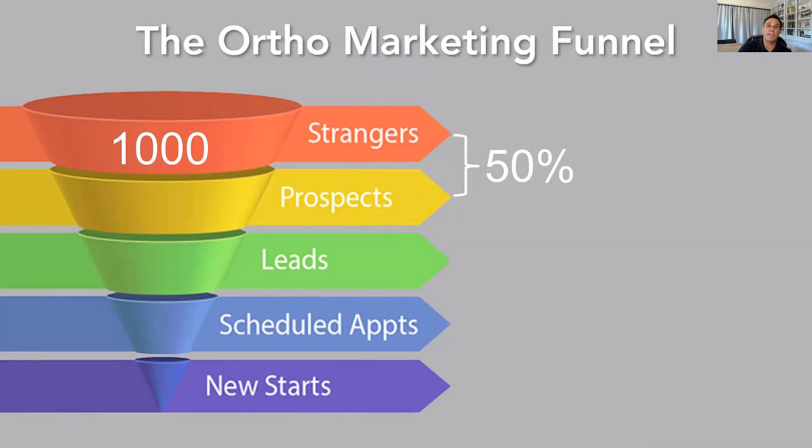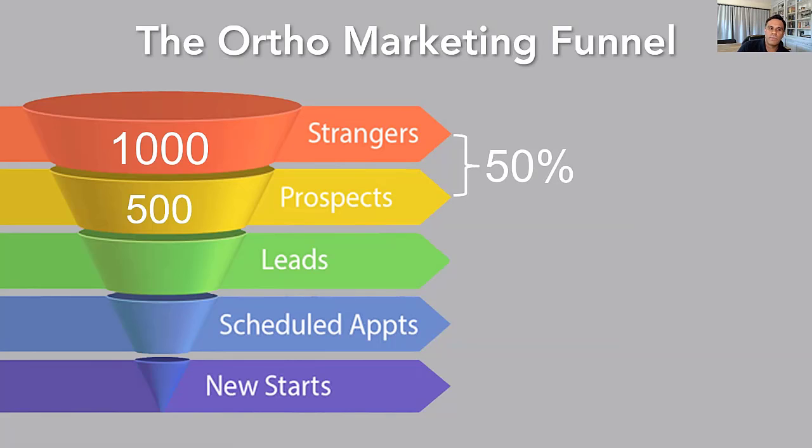So let's say 1,000 people come to your site in a month. So if 50% of those people become interested prospects, then we have 500 interested prospects. Now, you're not necessarily, for the most part, going to be able to measure how many people become prospects, but the next one you definitely can measure.